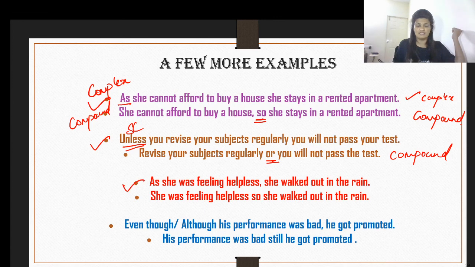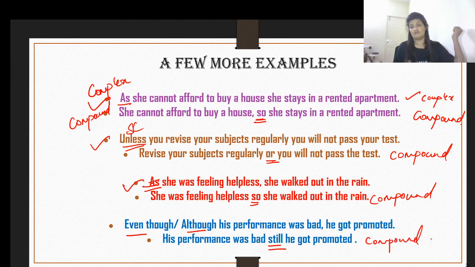Next is, as she was feeling helpless, she walked out in the rain. Eliminate as, and she was feeling helpless, so she walked out in the rain. Even though or although his performance was bad, he got promoted. His performance was bad, still he got promoted. There you have your compound sentences.